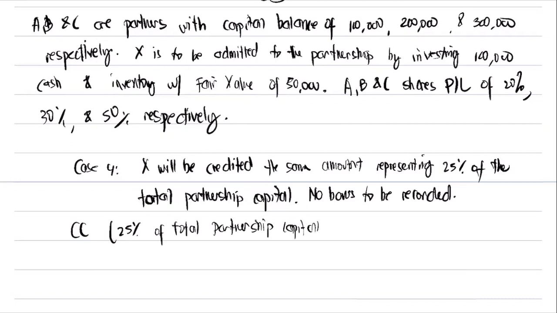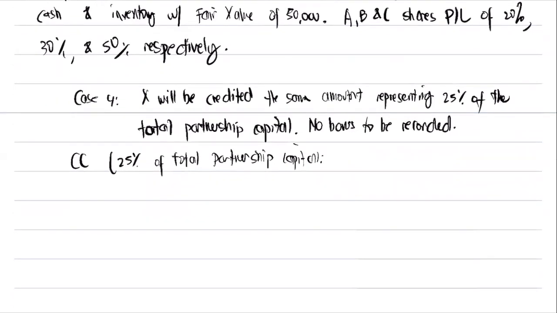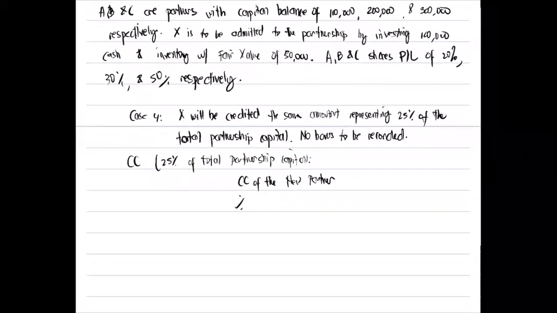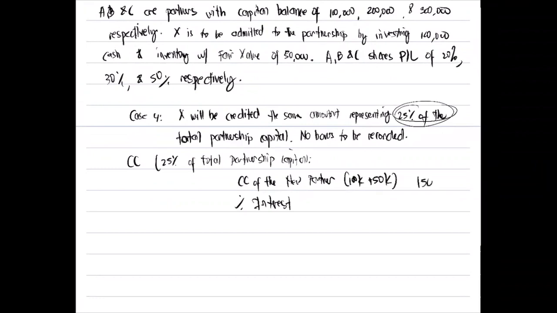So we compute for your total partnership capital. So first, we have your contributed capital of the new partner. And then we will divide it to the interest given. It represents 25% of the total partnership capital. So the capital contribution of the new partner is equal to 100,000 cash plus 50,000 inventory. So we have here 150,000.